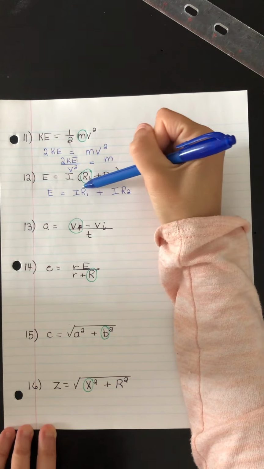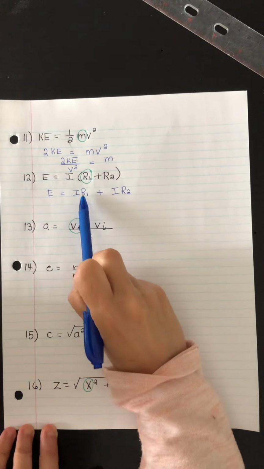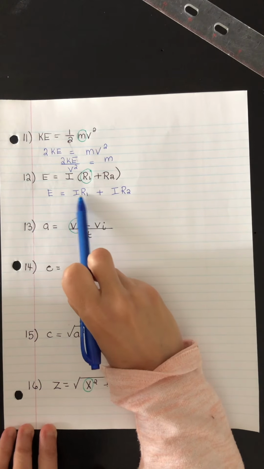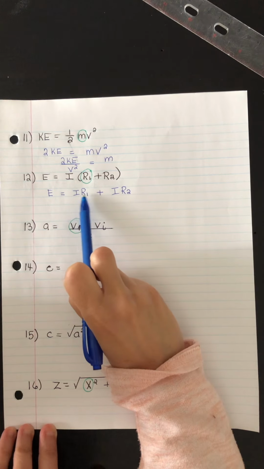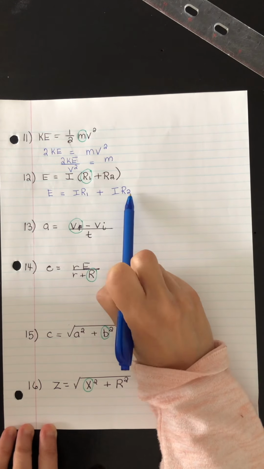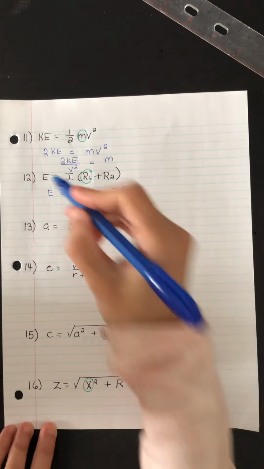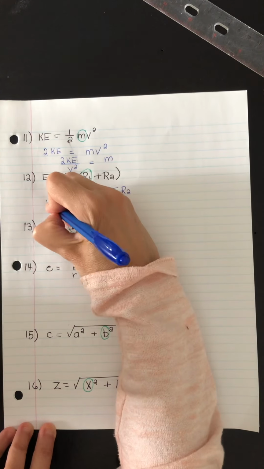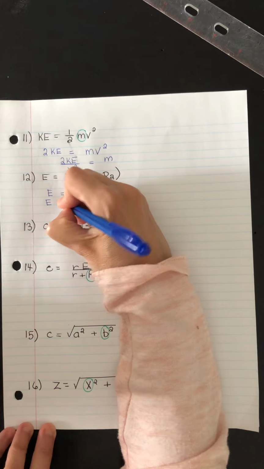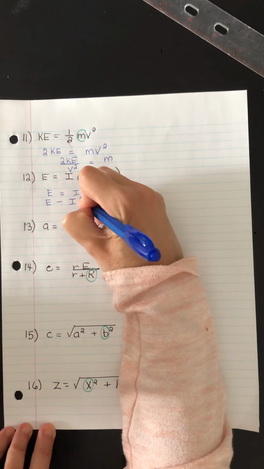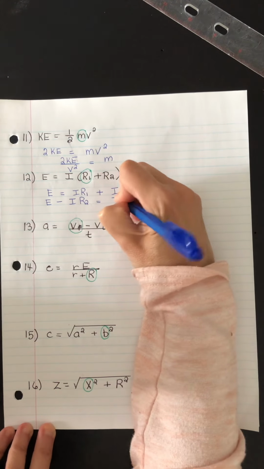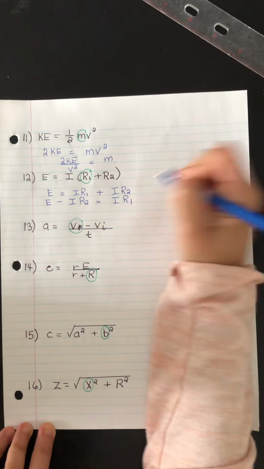We want to isolate R1. So that means we begin by isolating I times R1. How do we do that? We change addition to subtraction. So it will be E minus I times R2 is I times R1.